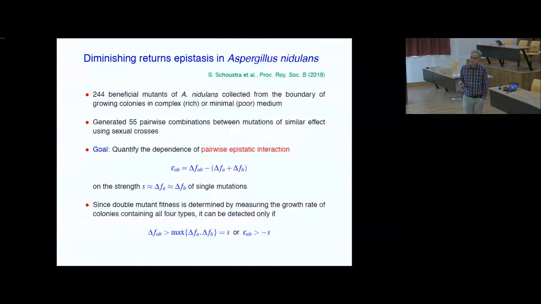That means one cannot directly determine sign epistasis in this case. Because these 2 things are equal to S, sign epistasis here means that epsilon AB should be less than minus S. So those we don't actually see, and that had to be factored into the analysis.